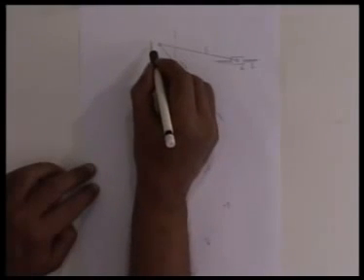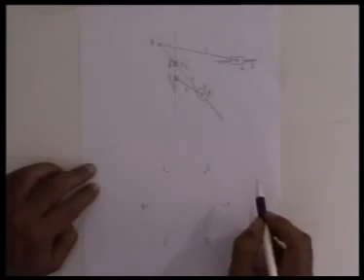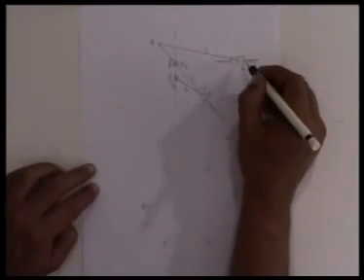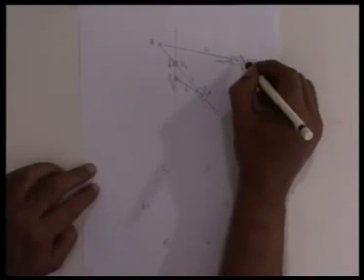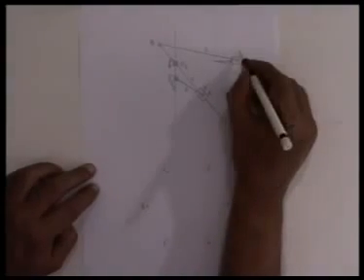Then link 4 is connected to link 5 by a revolute pair at the point B, and link 5 is connected to the tool holder, that is the link number 6 at the point C.